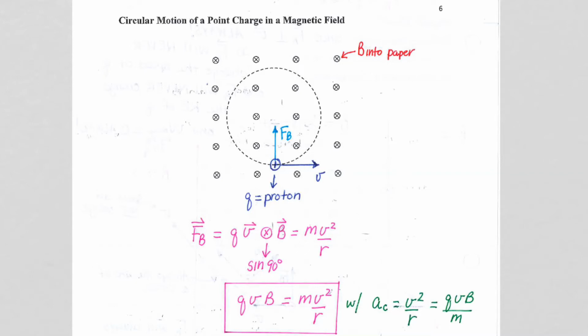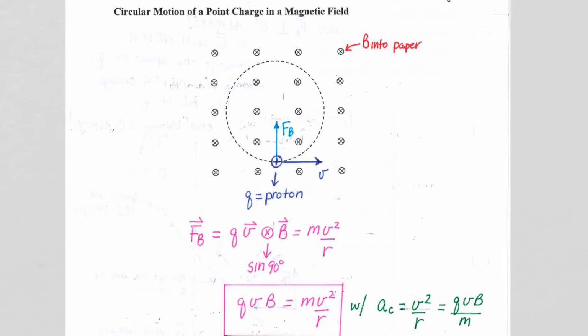Okay, in this lesson, we're continuing to look at the circular motion of a charged particle injected into a magnetic field. To give us a little more practice with slightly different perspectives, I've changed the B field to be into the paper.